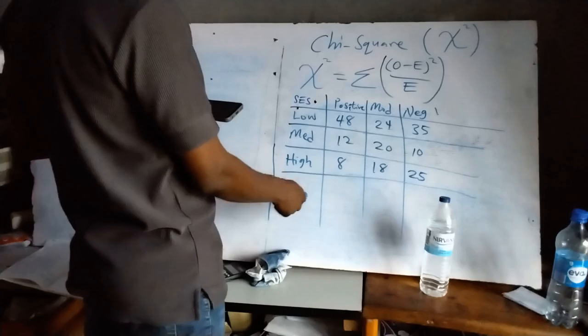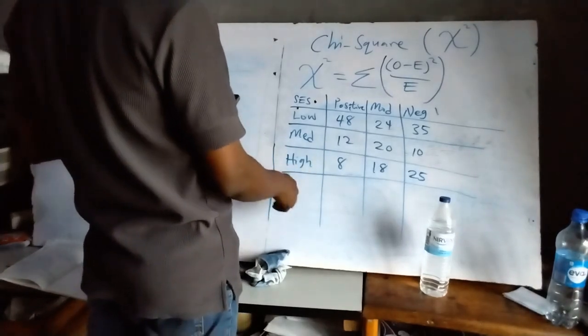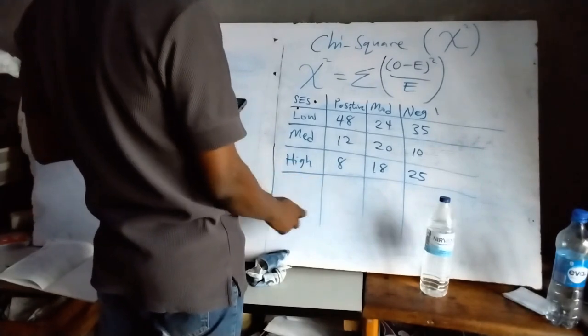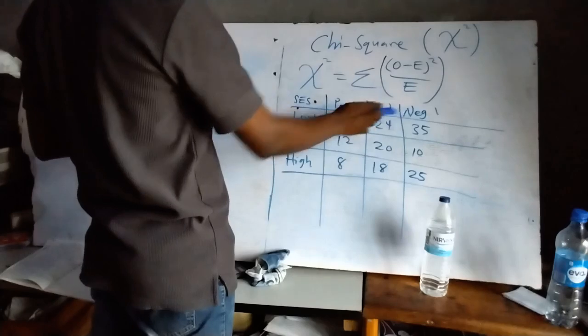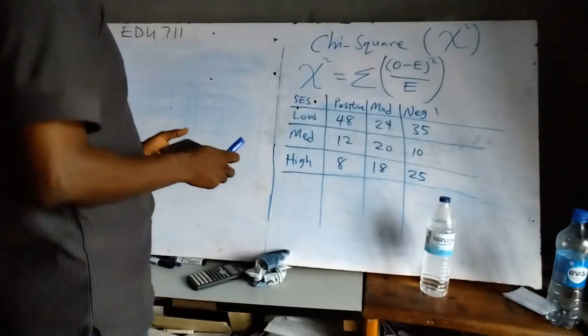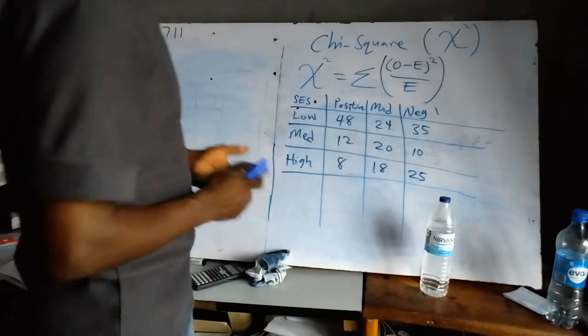Or then the hypothesis will be that there is no significant effect of students' socioeconomic status on their examination malpractice tendency or score. So that is briefly on that.